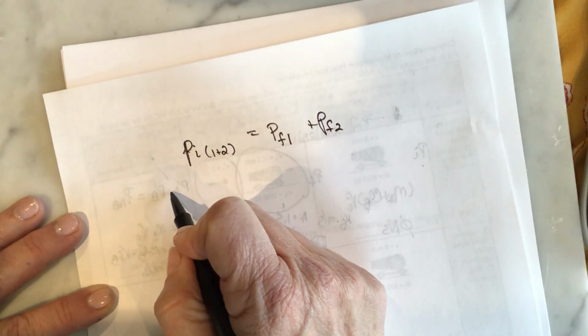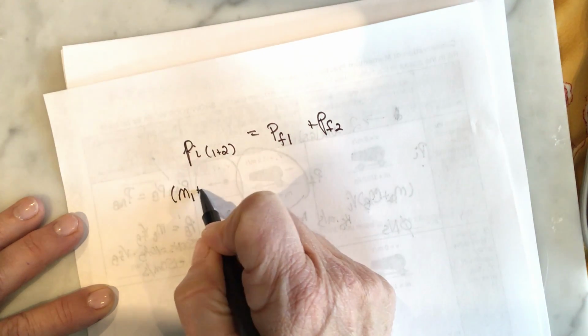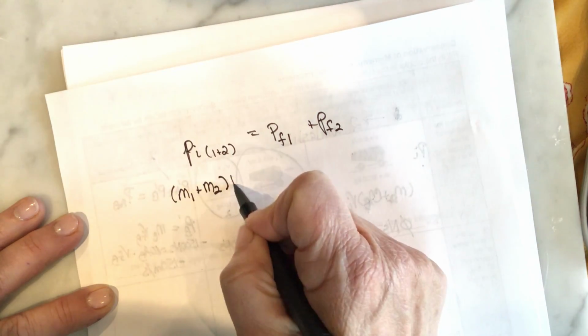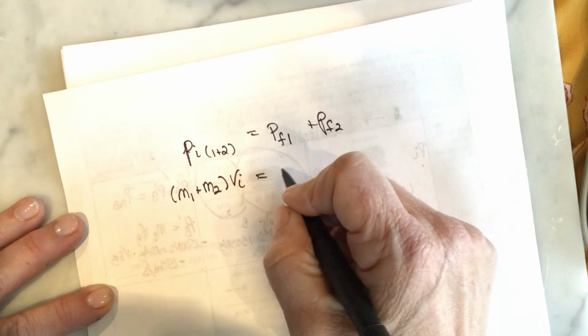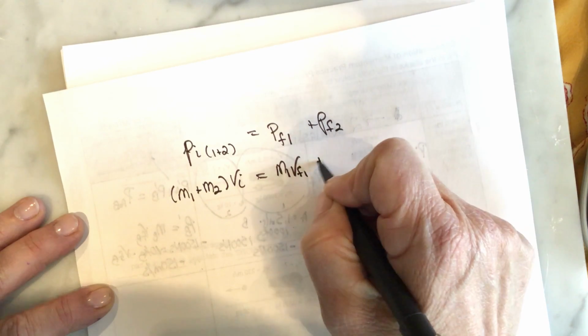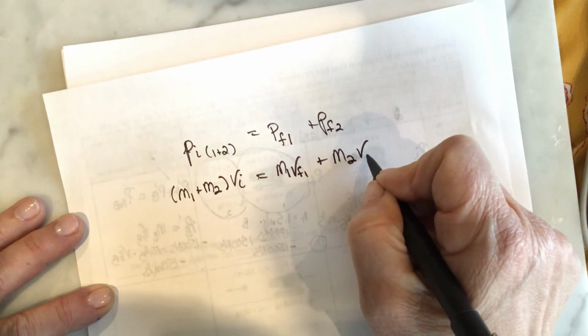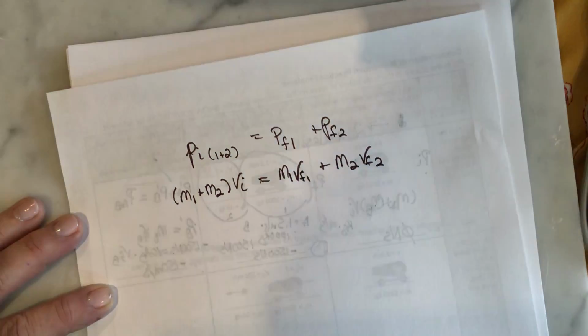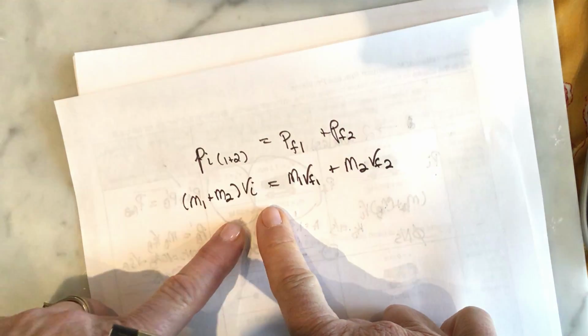And so the long equation would be mass 1 plus mass 2 times the initial velocity, and that's equal to mass 1 times its final velocity plus mass 2 times its final velocity. And because momentum is conserved, we have an equal sign.